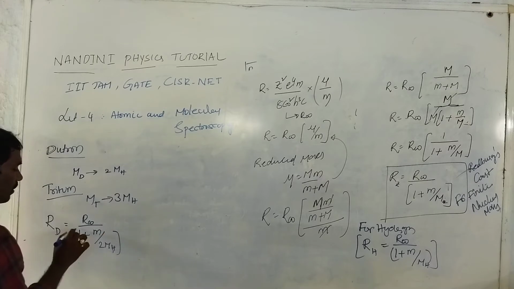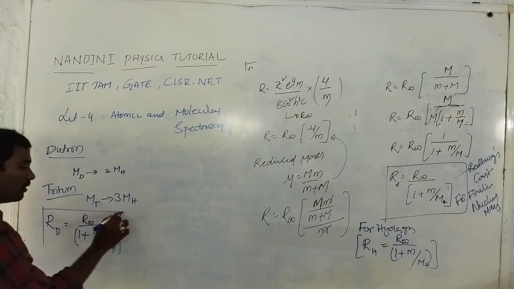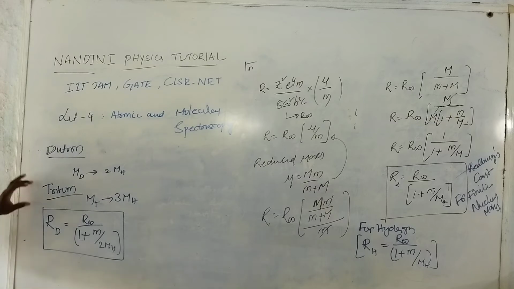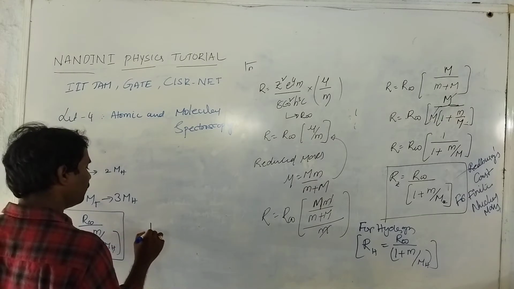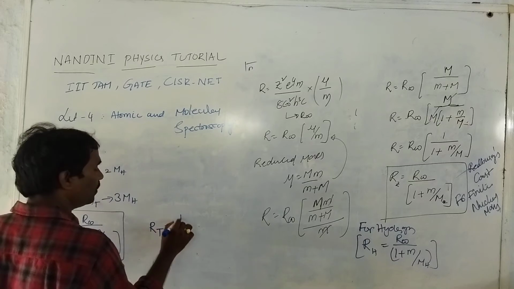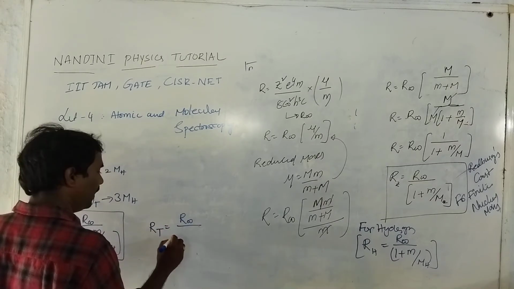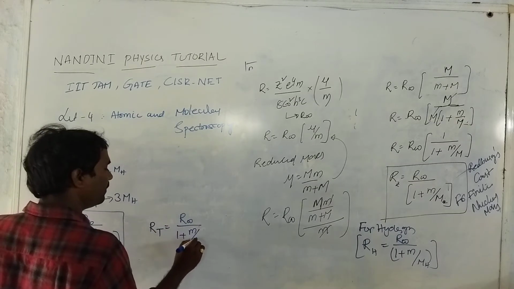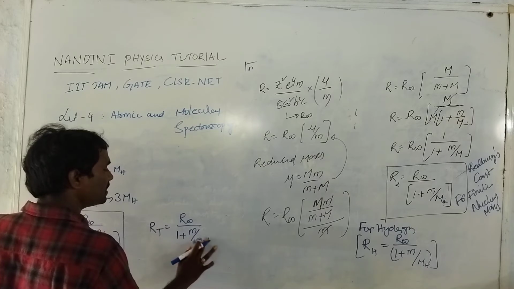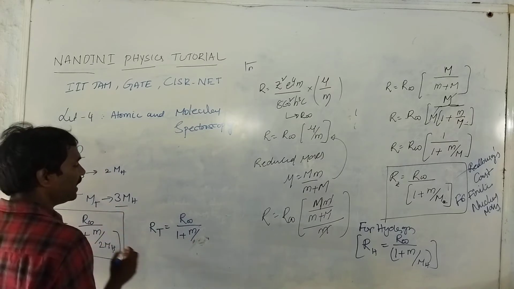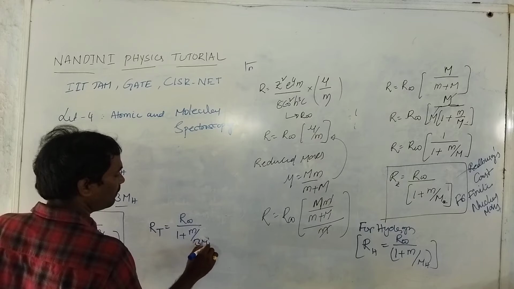So this is called the Rydberg constant for deuteron, and the Rydberg constant for tritium is equal to R infinite divided by 1 plus small m divided by capital M, which is nothing but 3 mH.